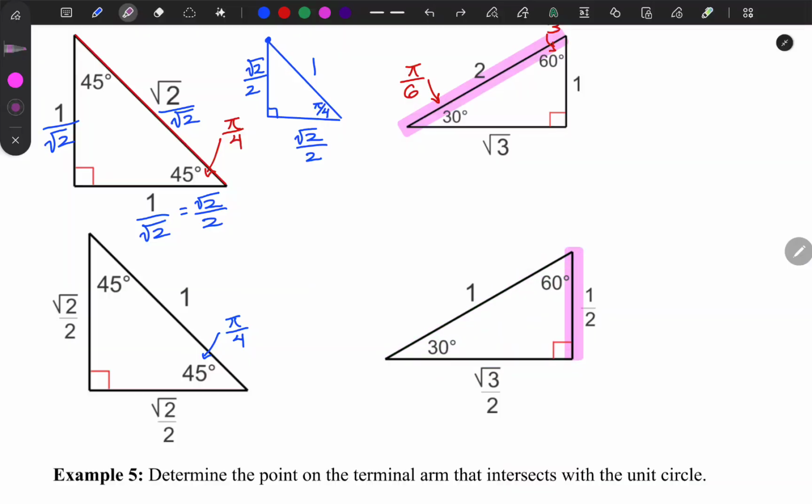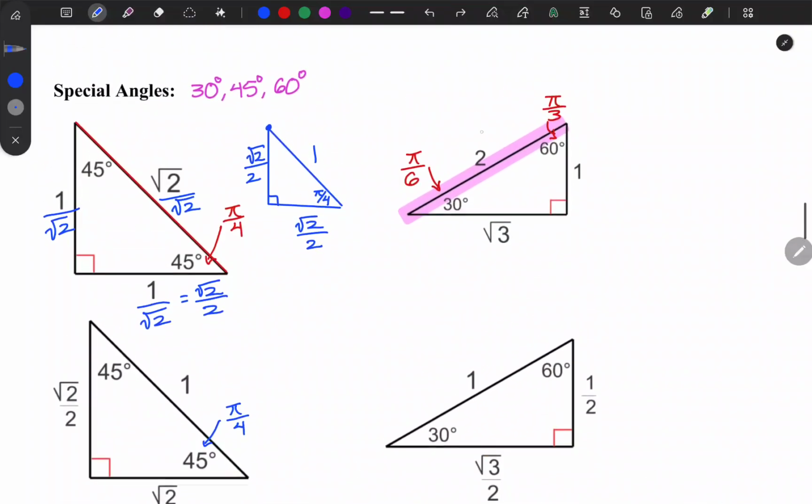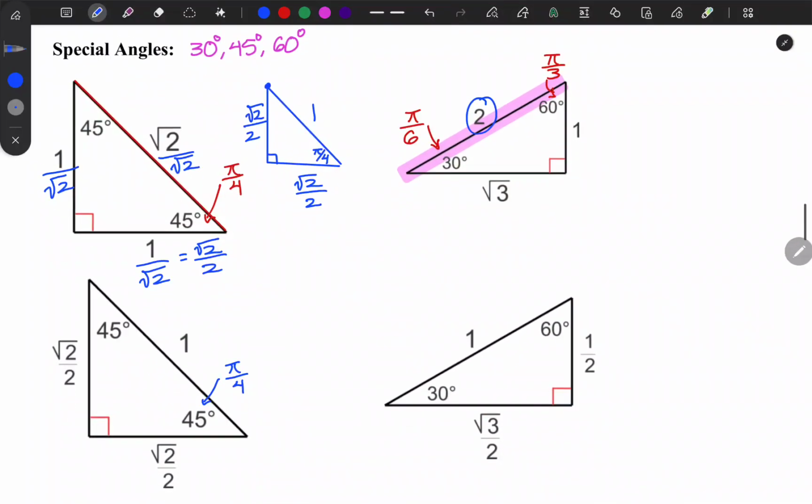These aren't necessarily new versions of the triangle you need to memorize if you're okay with scaling down. For example, if you have a radius of 2, divide by 2. If you have a radius of root 2, notice how we just divided by root 2 to make it a radius of 1. We can use these if we are given an angle and we want to find a point on the unit circle that is on the terminal arm of the angle.